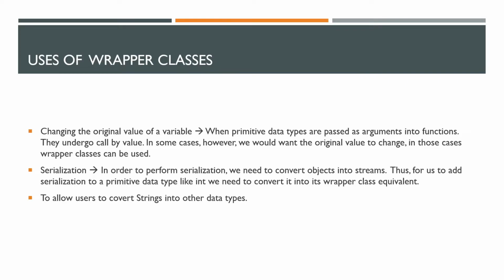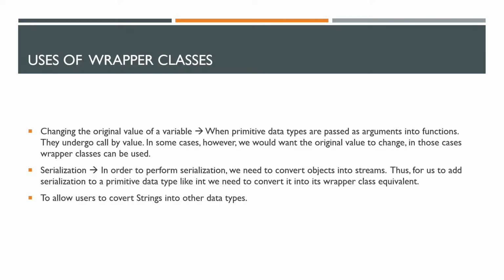But by using serialization, we can retrieve the data that was supposed to be destroyed and use it when we run the program again. Now, we need objects to convert into the byte stream, so to pass a value of primitive data type int, we would have to convert it into capital I Integer.